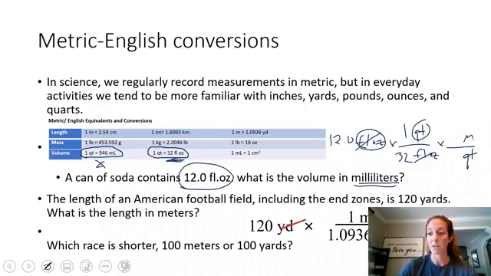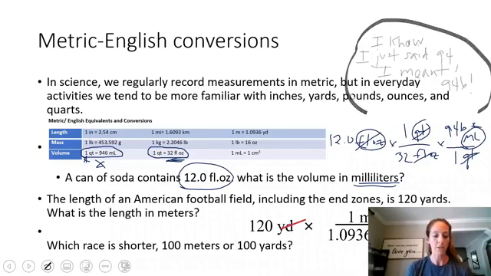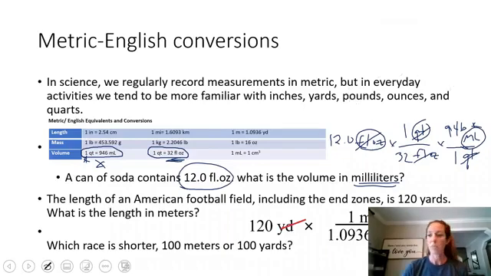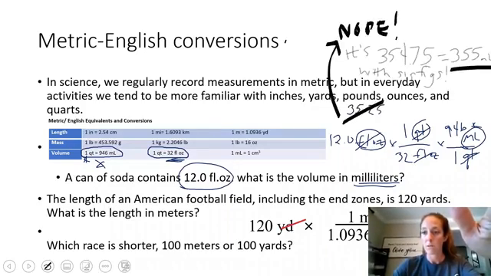I want milliliters. So remember, it's what you want over what you got. So I'm going to look at this and say, well, 1 quart is 946 milliliters. So that gets rid of my quarts. I'll end up with mLs. So now we just need to multiply and do 12 times 946 divided by 32 to get 354.75 milliliters.